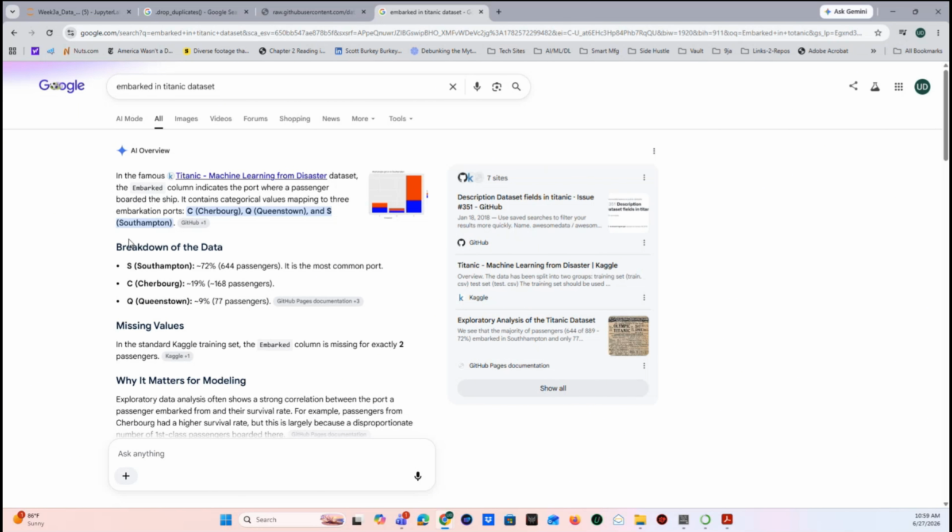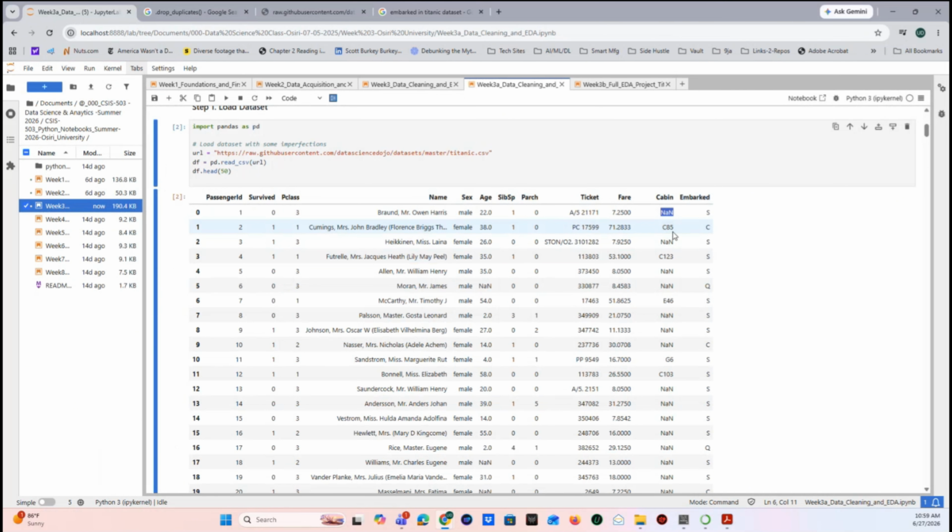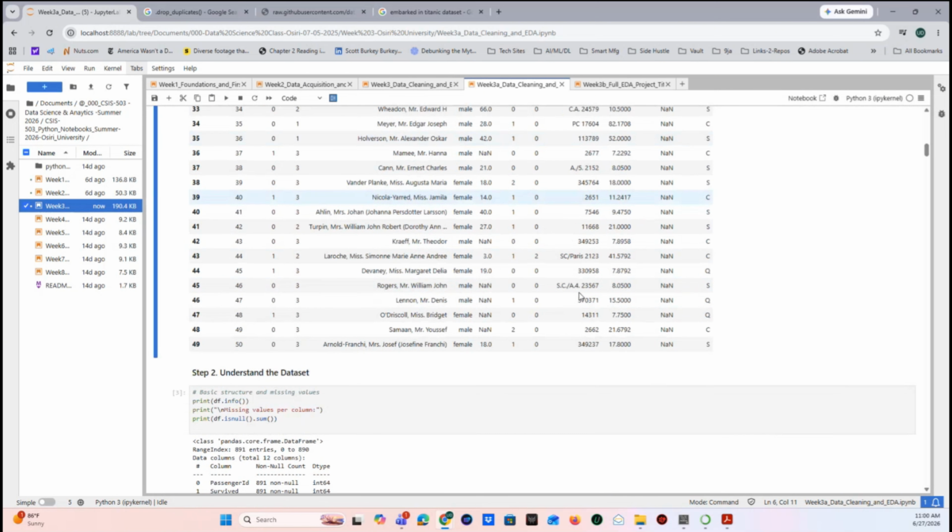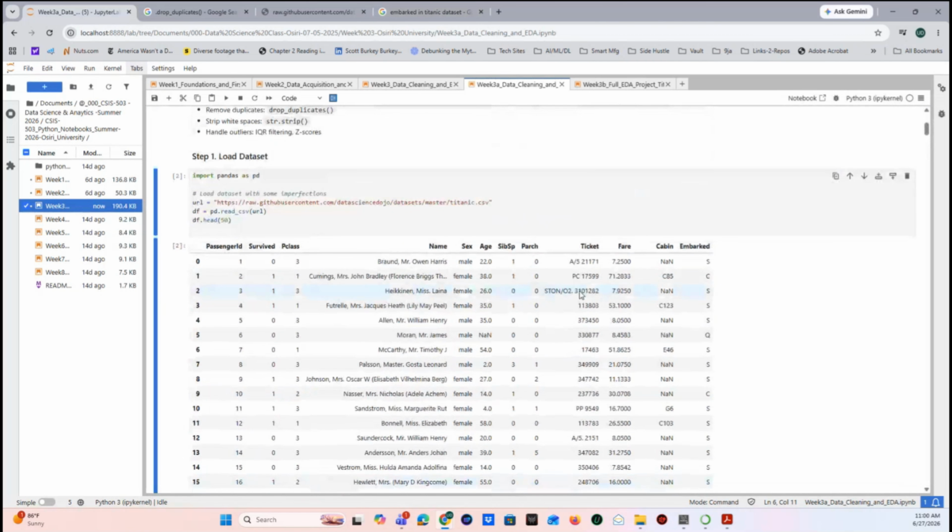So they got on at 3 different ports, right? Southampton, Cherbourg, and Queenstown. So look at the various things. This is Queenstown, Southampton, and Cherbourg. So those depend on where you embarked. So the important thing is to understand what all of this data is.